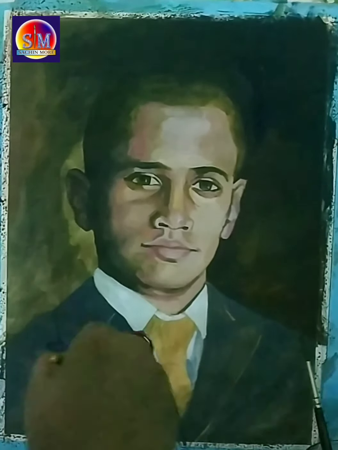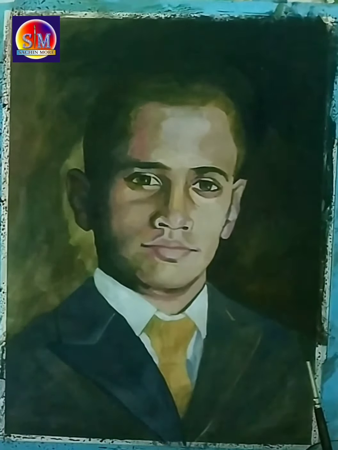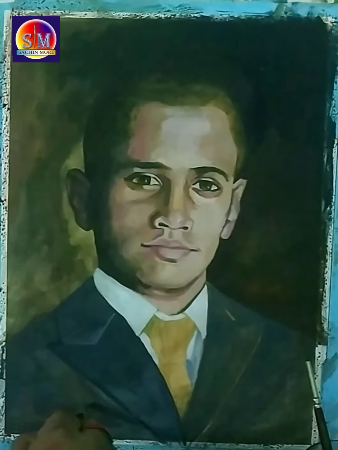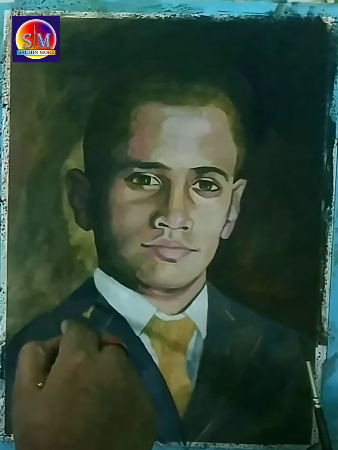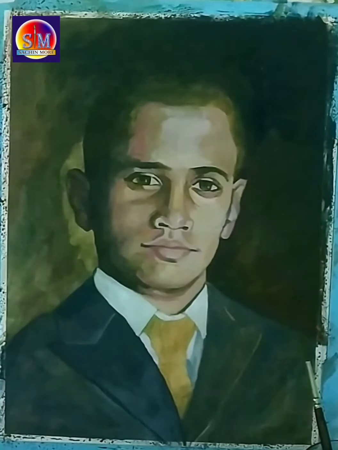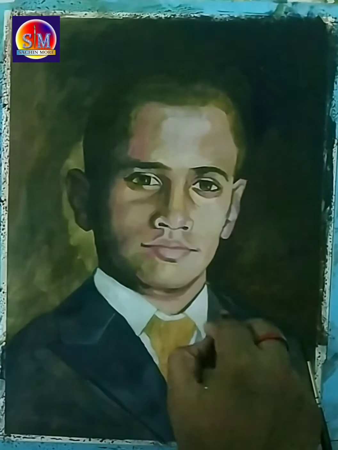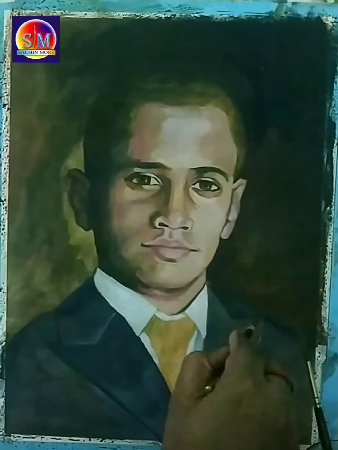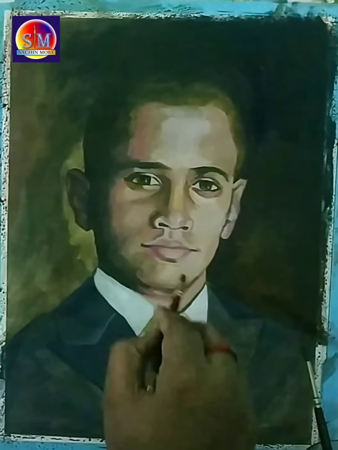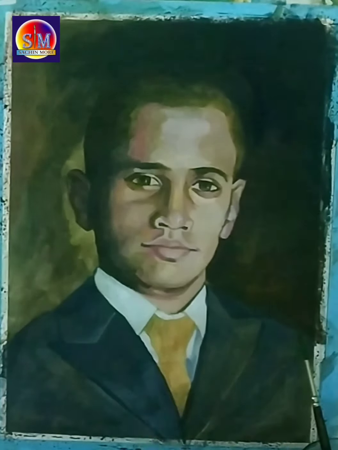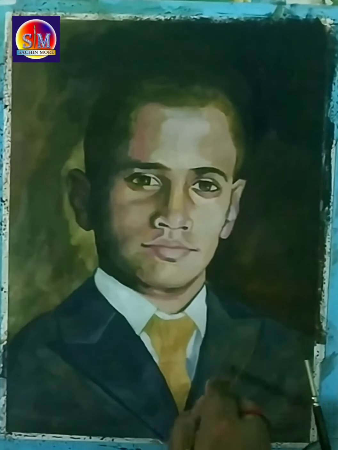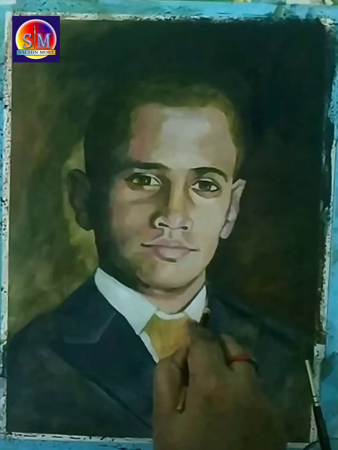Now we add light and dark tones on the suit, so that we can show texture quality and roundness. Also we are going to differentiate the collars by adding dark tones around the collar, also showing depth and shadow on the shirt as well as on the suit.